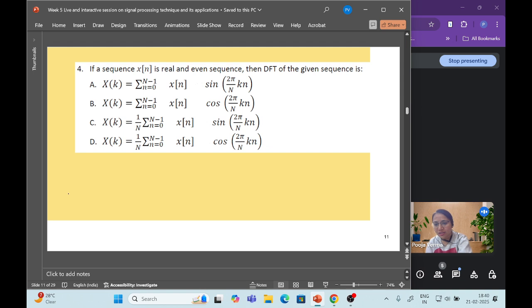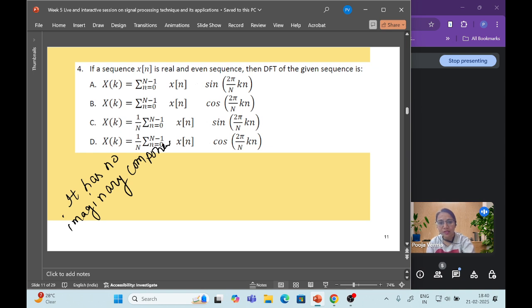That means it has no imaginary components, and the DFT consists only of cosine terms, not sine terms, because the sine terms will be cancelled out.